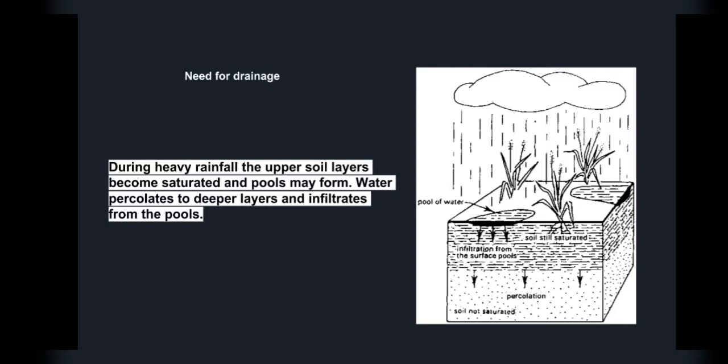When rain or irrigation continues, pools may form on the soil surface. Part of the water present in the saturated upper soil layer flows downward into deeper layers and is replaced by water infiltration from the surface pools.